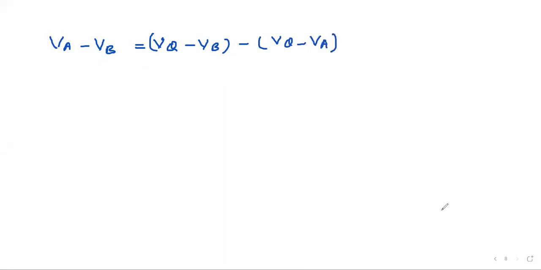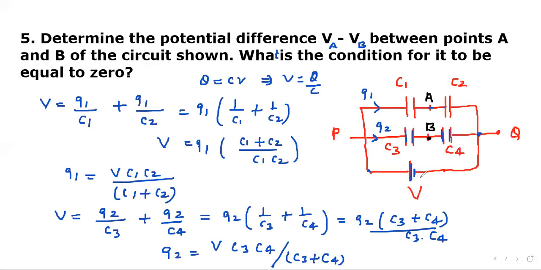Now, if we observe in the circuit, VQ minus VB will be the potential difference across C4, and VQ minus VA will be the potential difference across this capacitance, that is C2.